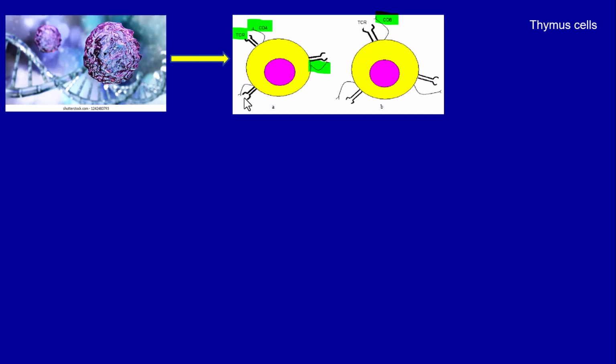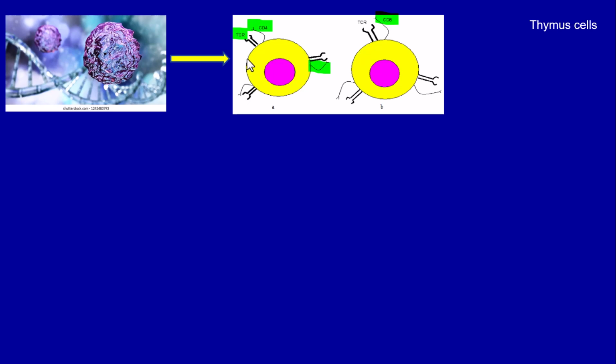This receptor has a portion which can attach to any antigen, and it can change its shape according to the shape of the antigen.